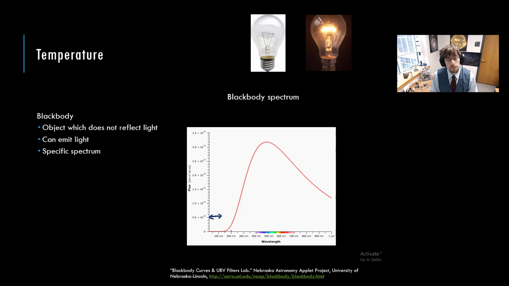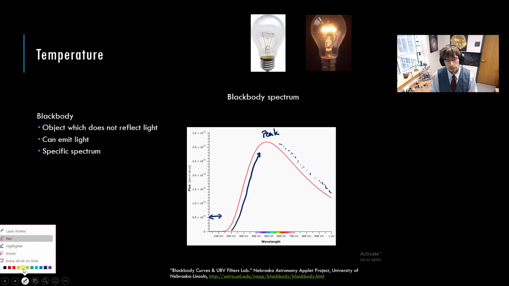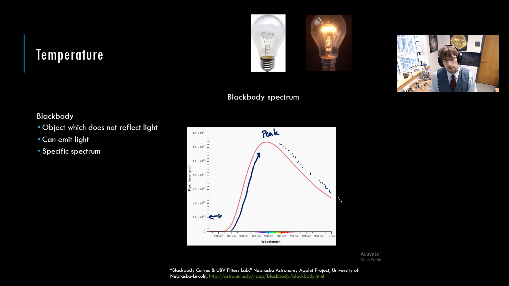Then you have a rapid rise to the peak. Okay. And then you have this long, drawn-out tail. You'll notice that it's asymmetric. And this tail of a black body spectrum will continue on. Here, let me get a different color so you can see it against the black. That tail will continue on and on and on, and eventually it'll go back to zero.